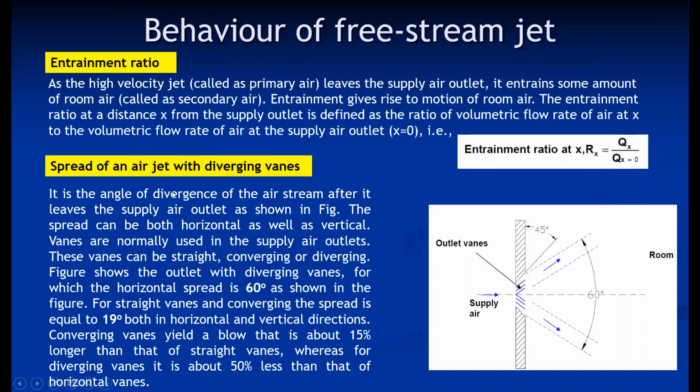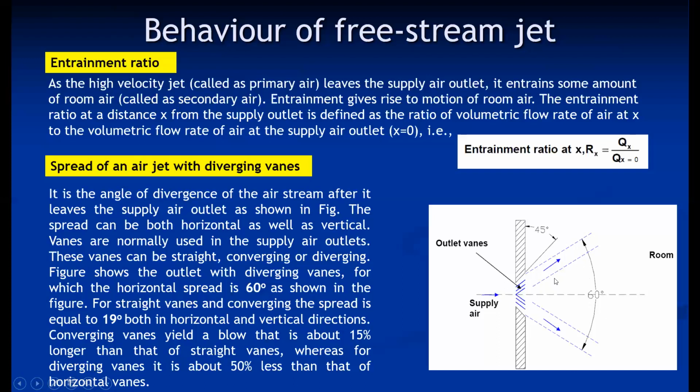Then the next one is the spread of the air jet with the diverging wind. So the spread is the fourth parameter we need to monitor or observe. The spread angle may be horizontal or vertical. It is the angle of divergence of the airstream after it leaves the supply outlet, as shown in the figure.